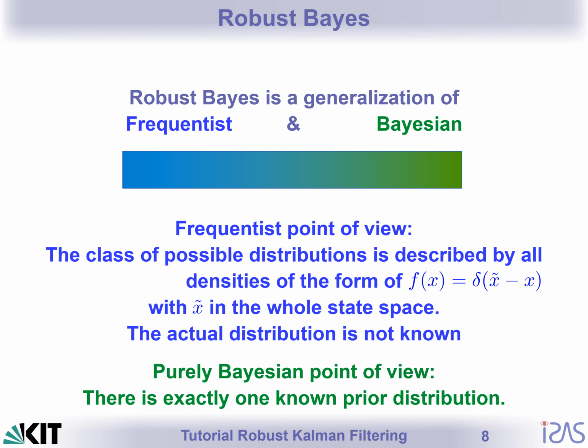So actually, it's a generalization of both the frequentist and the Bayesian point of view. Because if you take the frequentist point of view and you really want to specify a prior distribution, then it would be that this is just one point which you do not know. And you have a whole set of these prior densities that cover the whole state space.